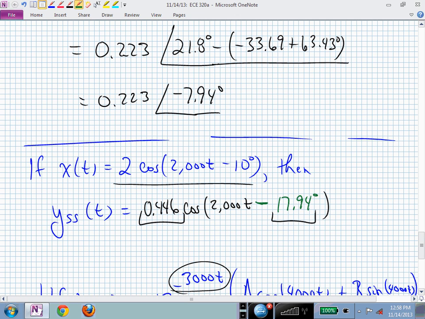So there's a little bit of a phase shift, a little bit of a lag between the input and the output in the sinusoidal steady state. The output is a little bit behind the input at that frequency, but they're almost aligned. They're just 8 degrees apart. Questions on that example? Is sinusoidal steady state clear given a transfer function?